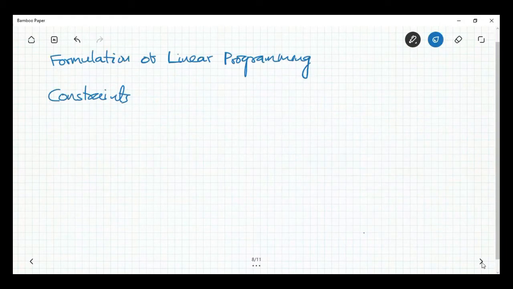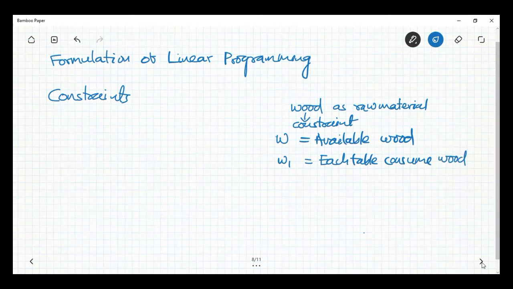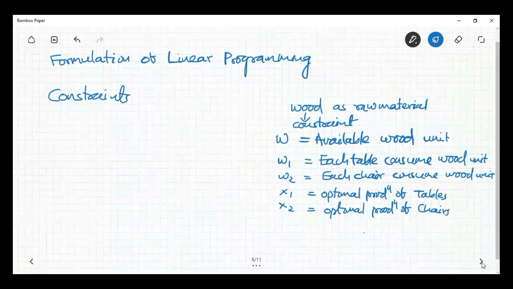What do we understand by the word constraint in real life? Limitations, such as raw material. X1 equal to the optimal production of tables, X2 equal to the optimal production of chairs.